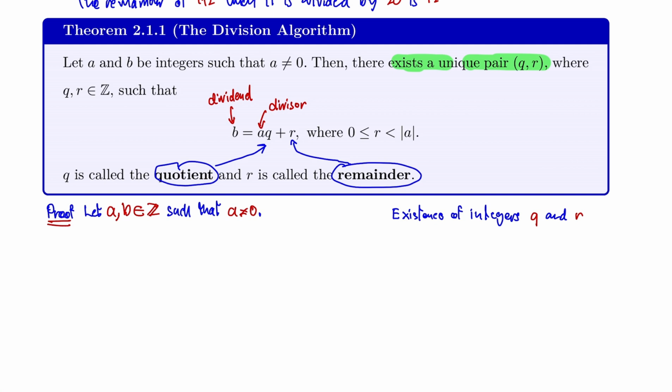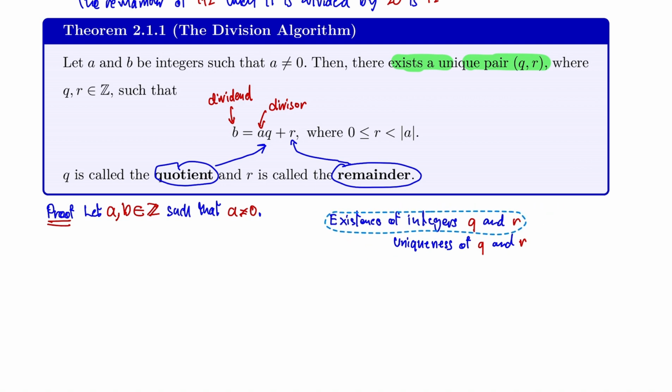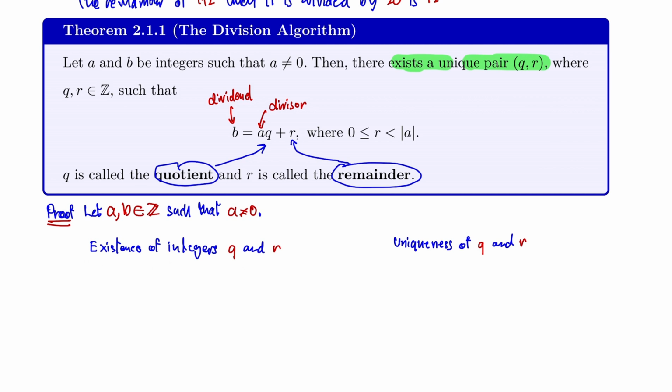The second part is uniqueness of q and r. So let's start with the first part, existence of integers q and r.